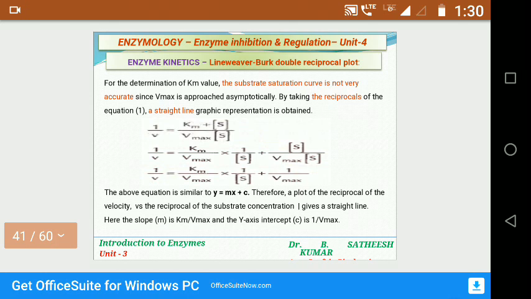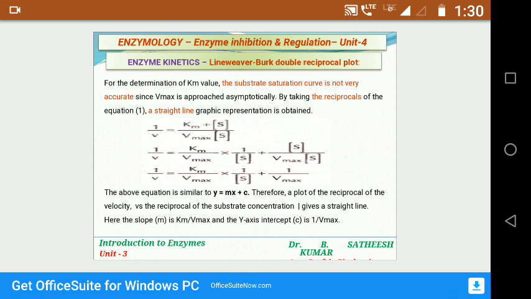So therefore, to find out the accurate Km value of an enzyme, we will use another approach where we take the reciprocals of the Michaelis-Menten equation. Reciprocals means we divide everything by 1.